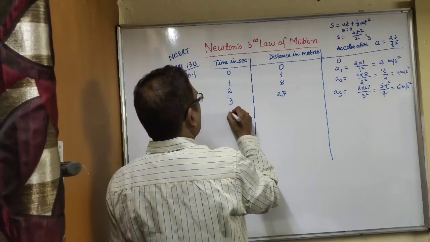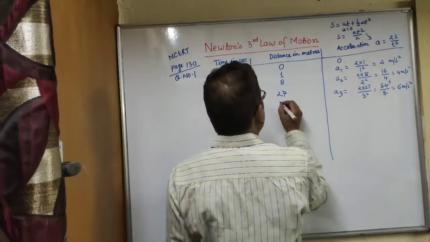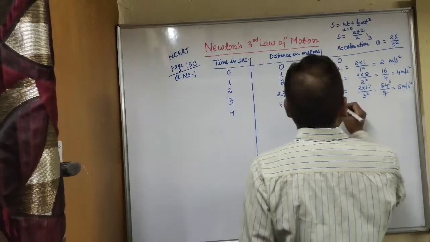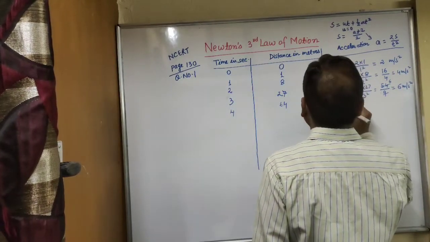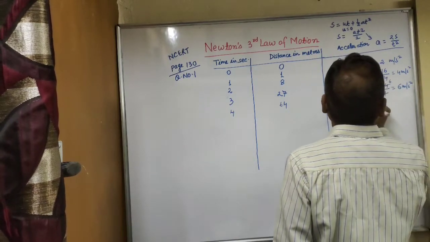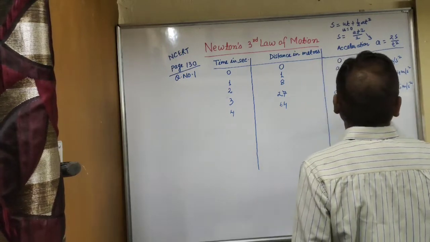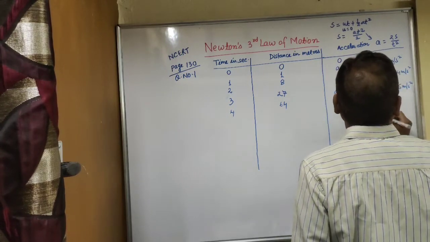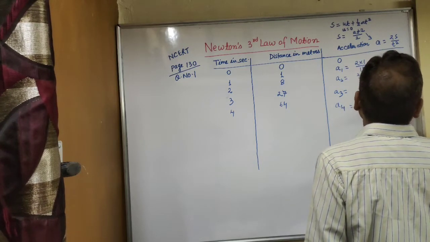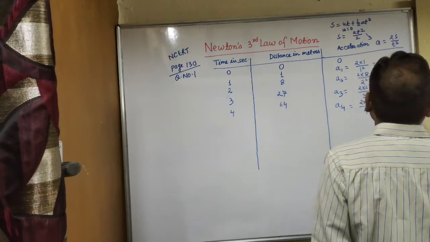Then when time is 4 seconds, distance is 64. Again use these values to calculate acceleration. So a4 will be 2 into 64 by 4 square. So it will be how much? 128 by 16.